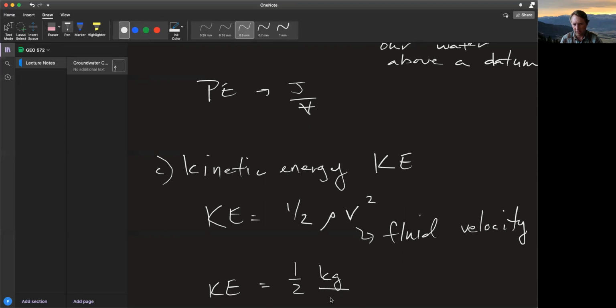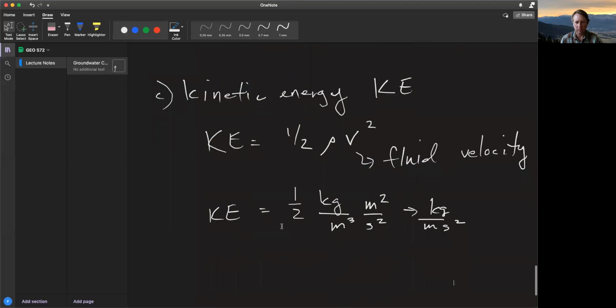So we should have kilograms per meter cubed times meters squared over seconds squared. That's velocity squared. And we're going to end up with kilograms per meter second squared. And again, this is joules per unit volume. So this is the amount of kinetic energy per unit volume of water.